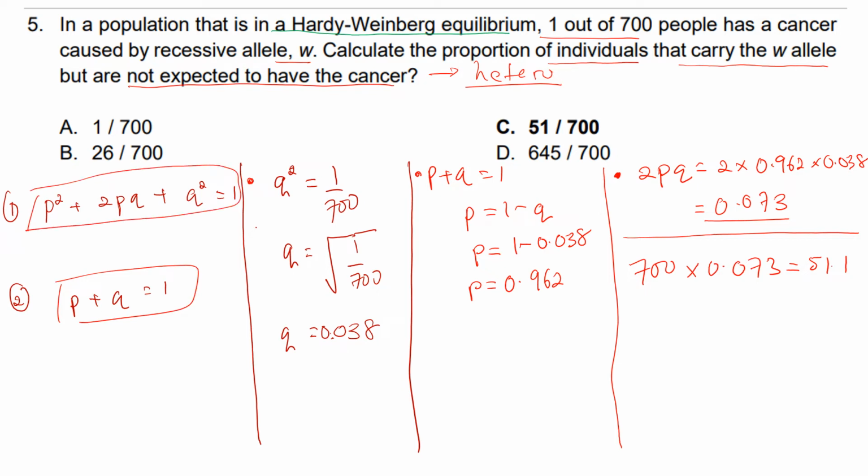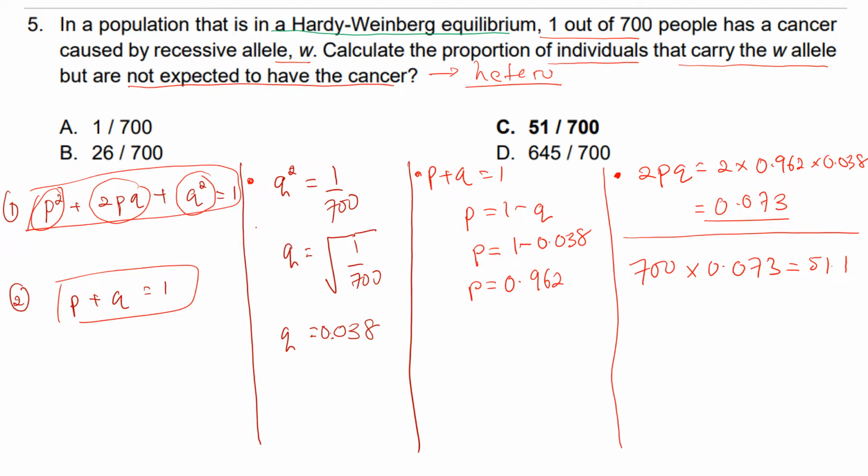p squared determines the percentage of homozygous dominant. 2pq determines the percentage of heterozygous. q squared determines the frequency of homozygous recessive.